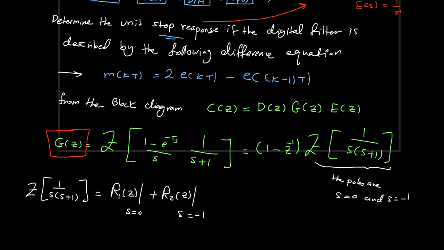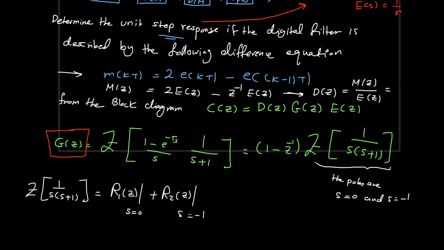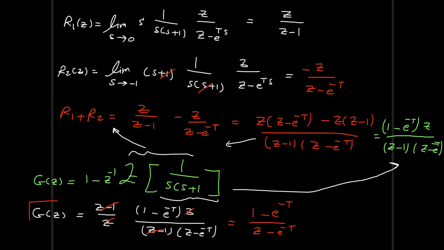So from here, M of Z will equal 2E of Z minus Z^-1 E of Z. So now D of Z, the pulse transfer function for the digital filter, the input is the E and the output is the M. So M of Z over E of Z will equal 2 minus Z^-1, which can be written as (2Z minus 1) over Z. So now we have the digital filter, and we have the G of Z.